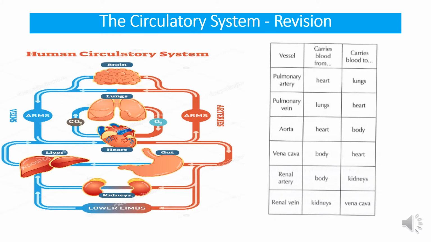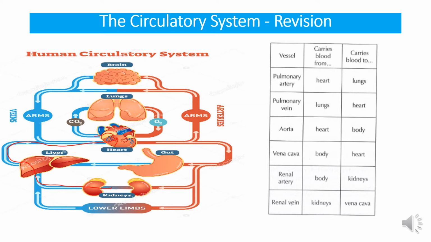So the human transport system is a double circulatory system, and it's important to understand that this means that the blood travels through the heart twice for every circuit of the body. So if we start at, let's say, the kidneys, the blood travels from the kidneys and back by the vena cava to the heart, and that blood has got very little oxygen, it's deoxygenated.